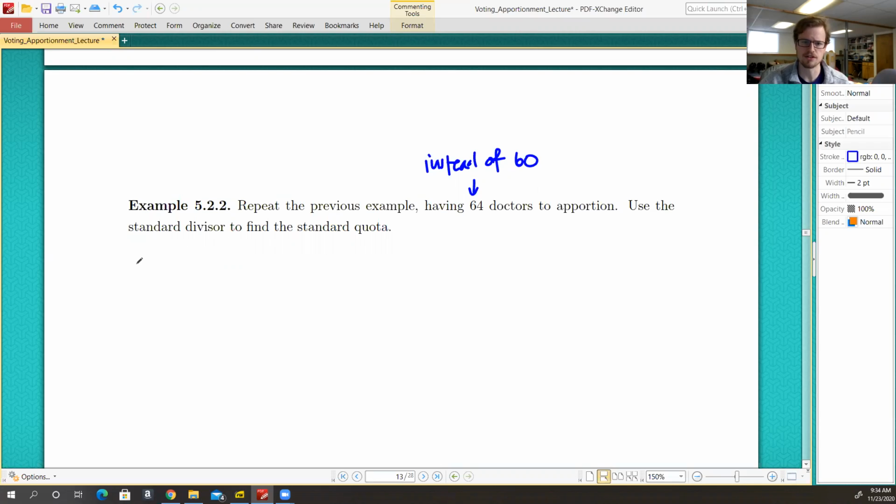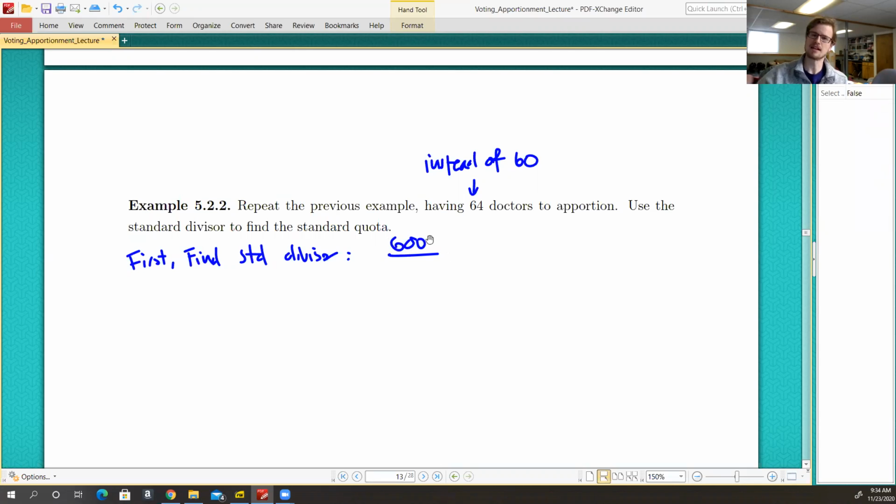So first, find the standard divisor. The standard divisor is just the population divided by the number of items to be apportioned.